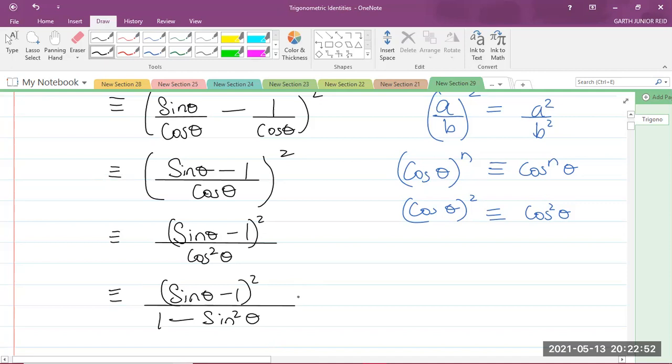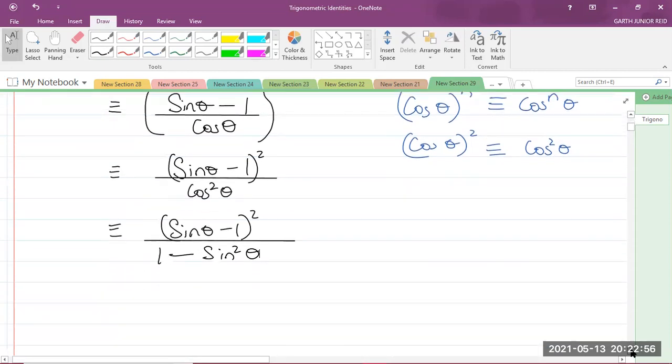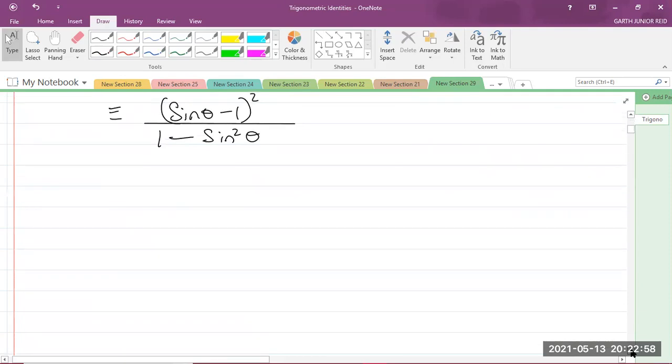Now, if you look carefully in the denominator, we have 1 minus sine squared theta, and 1 minus sine squared theta can be factorized. If you recall the difference of squares rule, a squared minus b squared is equal to a minus b multiplied by a plus b. That is the factored form of the difference of squares.